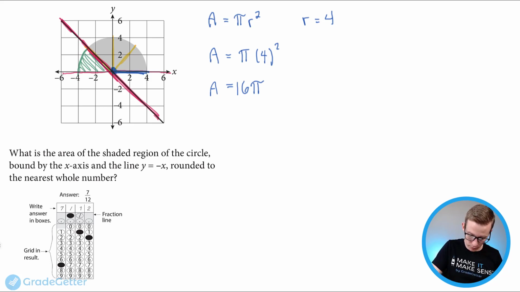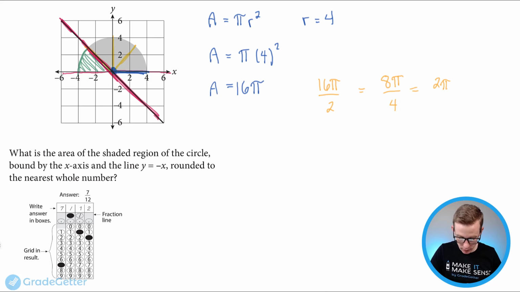So I would first take my area, 16 pi, and divide it by 2 to represent the semicircle. So 16/2 is 8 pi. Then I'm going to divide my semicircle into 4 pieces. So I'm going to divide this now by 4. So 8/4 is 2 pi.